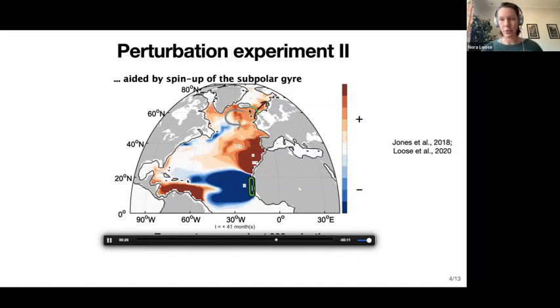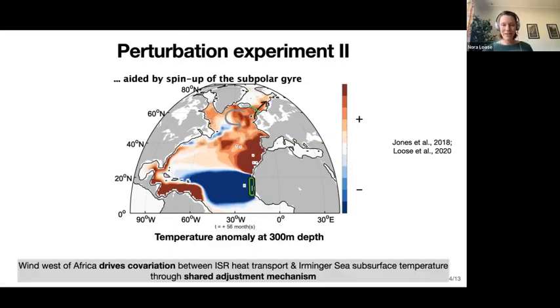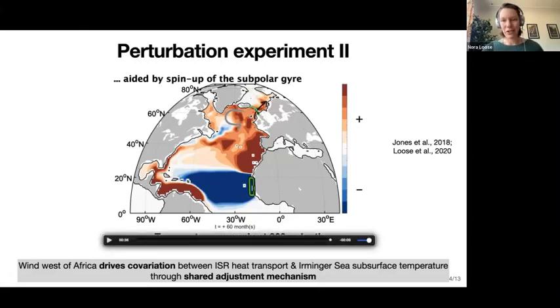This high latitude warming is explained by the spin up of the subpolar gyre. So to summarize, wind west of Africa drives a covariation between Iceland-Scotland Ridge heat transport and Irminger Sea subsurface temperature, again through a shared adjustment mechanism.